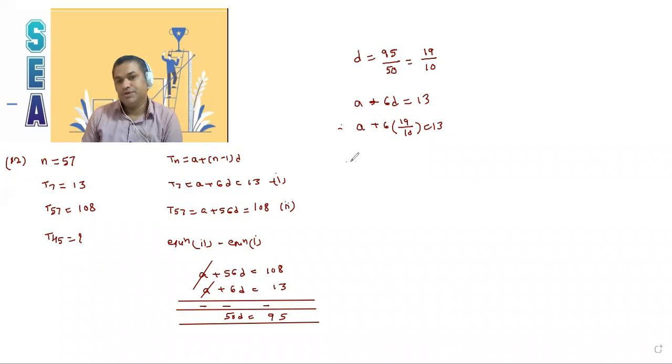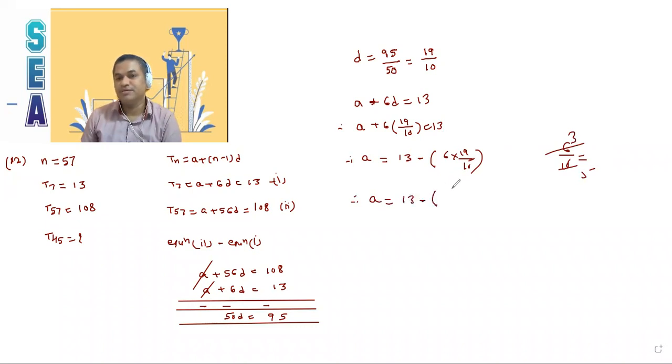So therefore a is equal to 13 minus 6 into 19 by 10, but 6 by 10 we can write as 3 by 5. Therefore a is equal to 13 minus 57 by 5. Therefore a is equal to 65 minus 57 divided by 5. Okay, so that becomes 8 by 5.